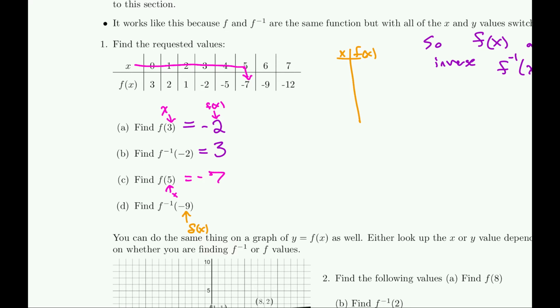So you go to the f of x row and you go over until you see a -9, which is right there, and then you come up and that's your value. So the answer is 6. Do you see how they're just the same thing, but it's which row you're looking in? Okay, so that's how you find requested function values or inverse function values using a table.